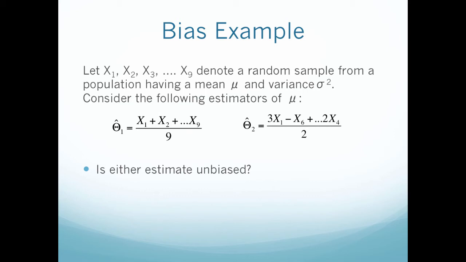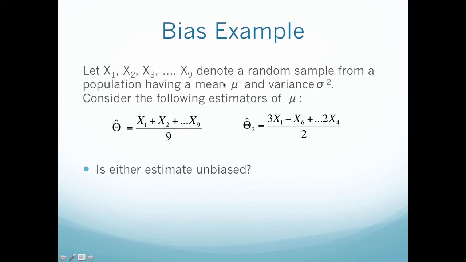So we're going to say 3 times x1 minus x sub 6 plus 2 times x, all divided by 2. So these are random samples. So we want to know, is either of these estimates unbiased? So the way we figure that out is we're going to calculate our expected value. And is that equal to my population parameter mu?